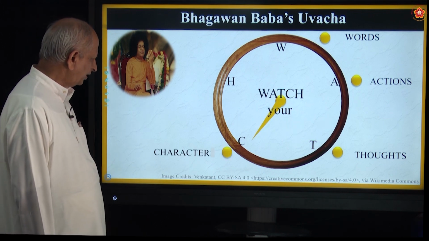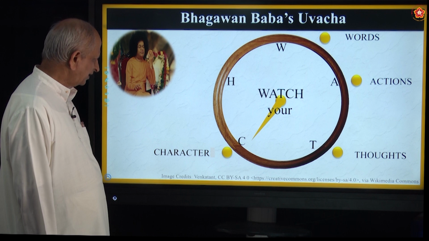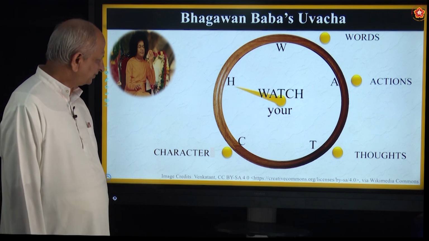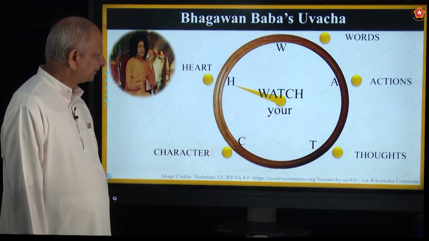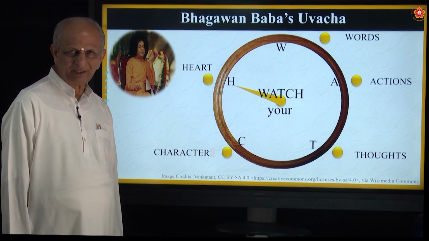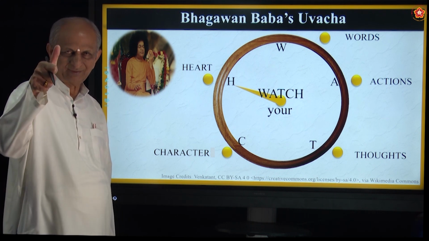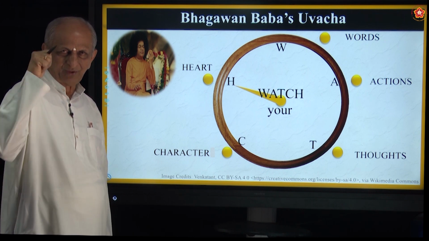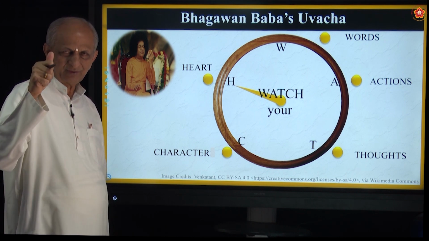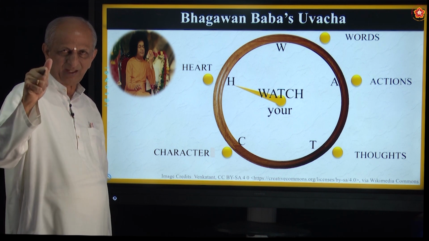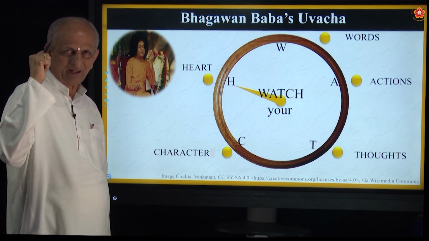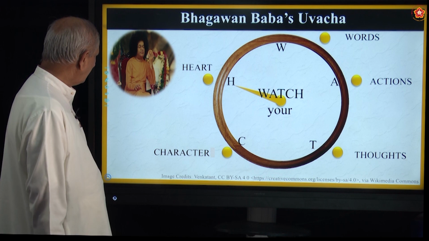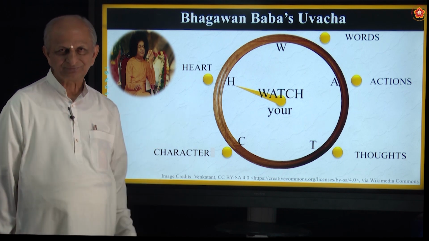C stands for character. H stands for heart. Can you remember? Come on, repeat. Watch your words. Watch your actions. Watch your thoughts. Watch your character. Watch your heart. So that is how you have to wear a watch.